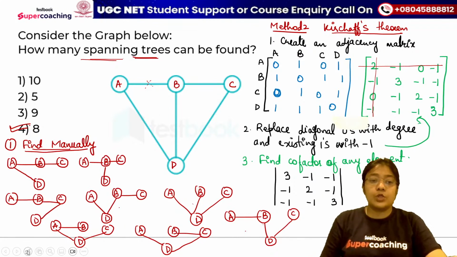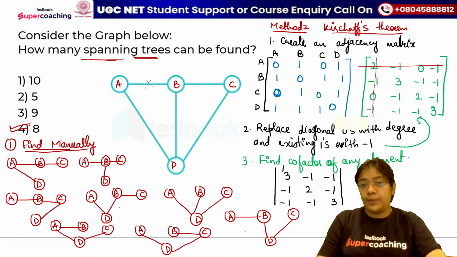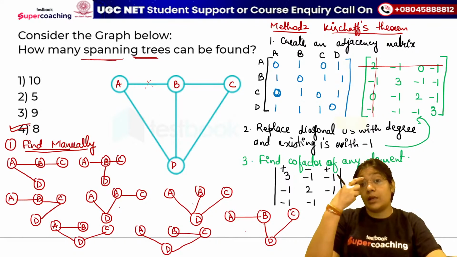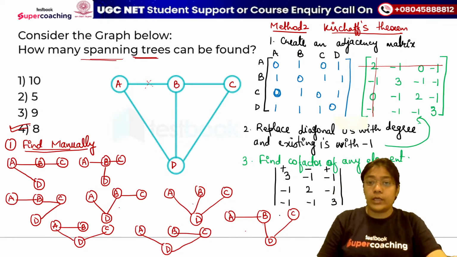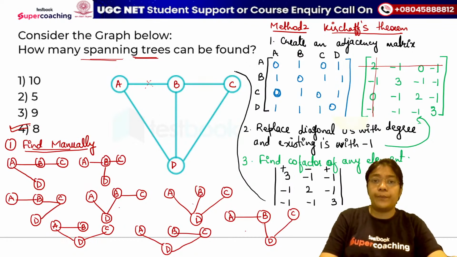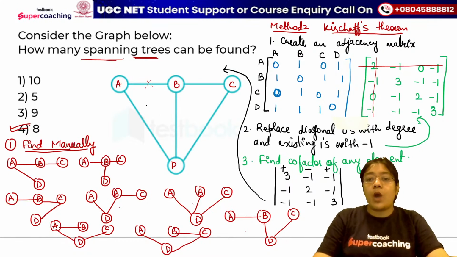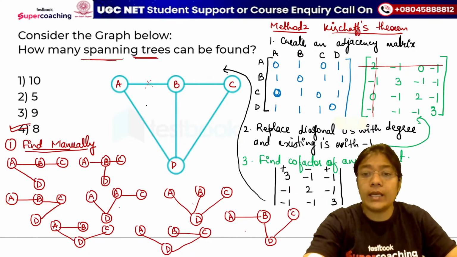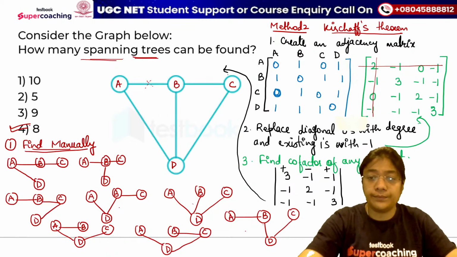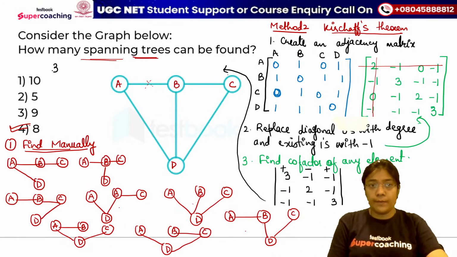Now change the signs. Sign alternatively लोगे. Plus, minus, plus. Correct? Now calculate it. Okay, let me write the expression over here. So after finding the cofactor, we'll be getting here 3 -1, 3.